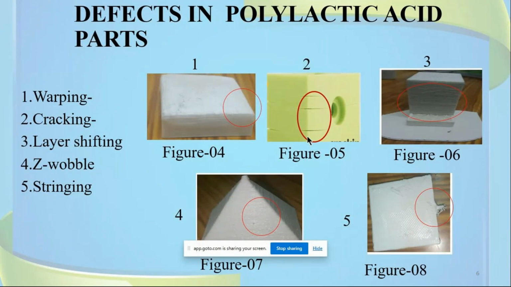So now, stringing is the last and a very important defect in 3D printed PLA parts. Stringing happens when small strings of filament are left behind on 3D printed objects. This is typically due to filament dripping. Here the marked circle shows the stringing defect, with filament dripping out of the nozzle when the extruder is moving to another location.